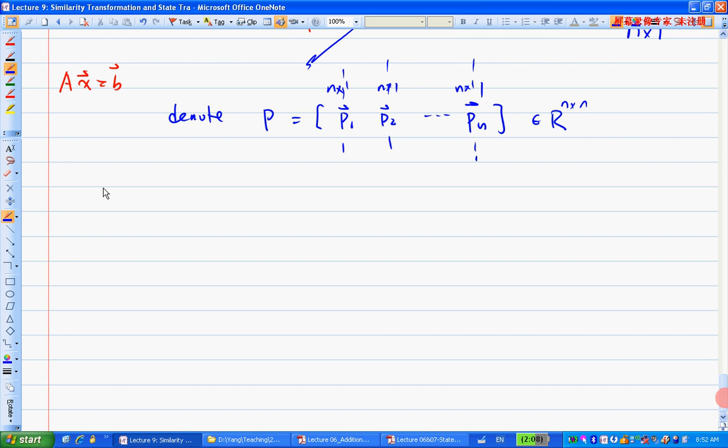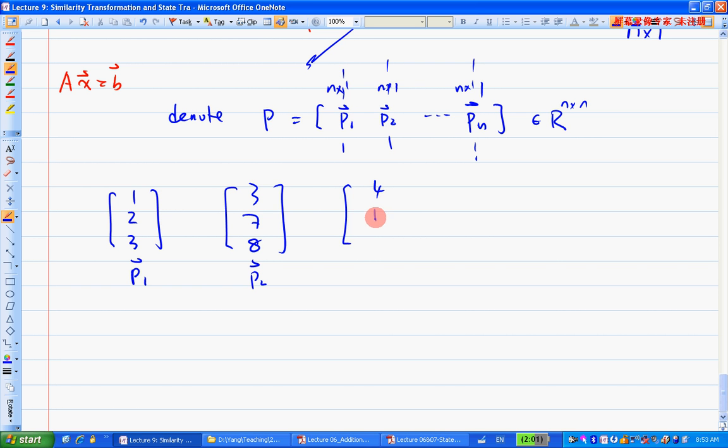For example, say I have one column 1, 2, 3, maybe this is P1, another column 3, 7, 8, and another column 4, 1, 5.